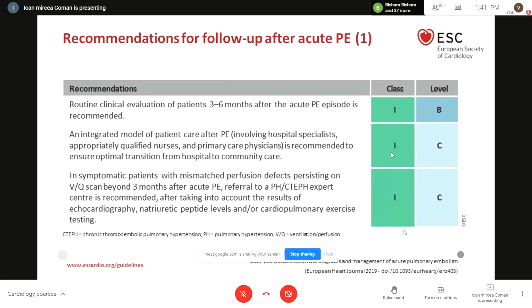So this is the message. Know the risk factors, the Geneva score, and the PESI score for high or low severity patients. Okay, that's all.